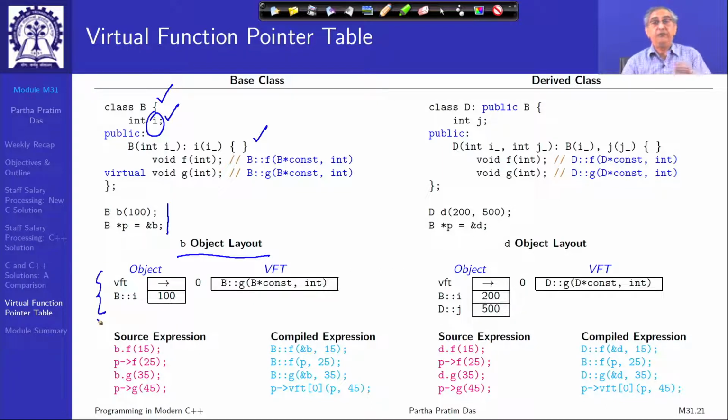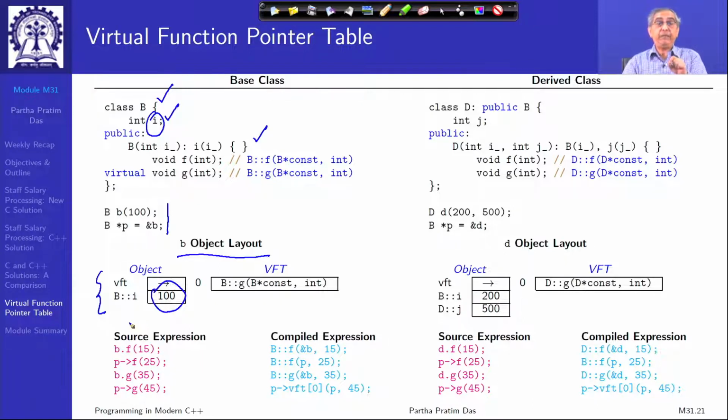It will have one more field which is a pointer to a table. Earlier it was having only the value 100, now it will have an additional field which is a pointer to a table.